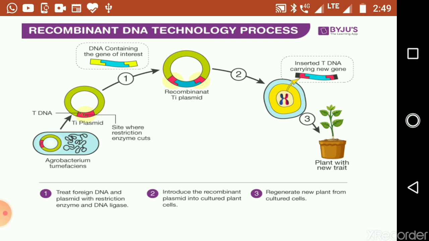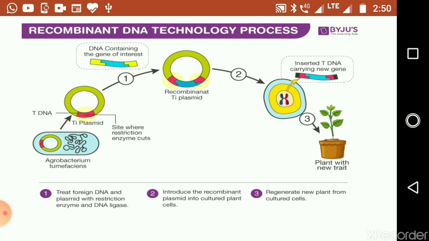Then this recombinant DNA plasmid is inserted into the plant, which is another process called gene transfer in plants, done by another vector called the gene transfer vector, that is Agrobacterium.